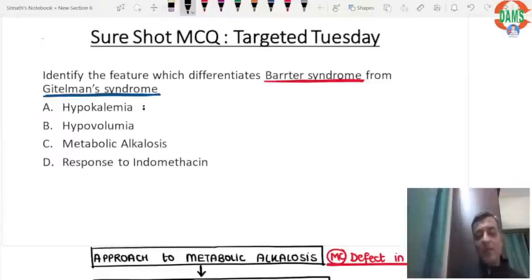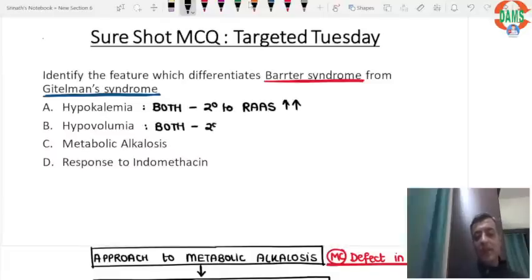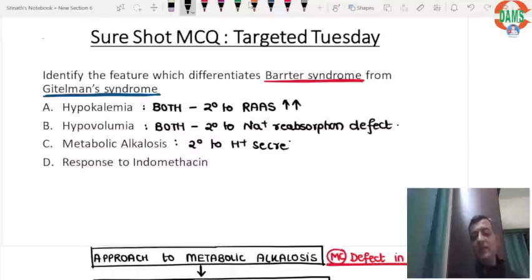Hypokalemia occurs in both due to the high aldosterone state, due to RAS activation. Hypovolemia also occurs in both, secondary to the sodium reabsorption defect. Metabolic alkalosis occurs secondary to H plus secretion in the urine because of elevated RAS.